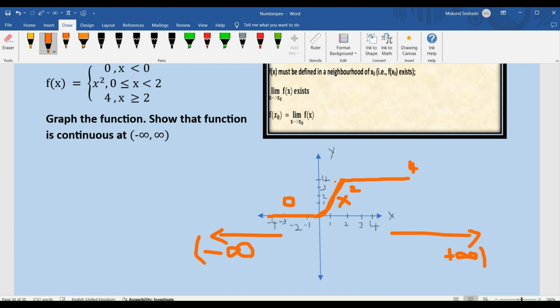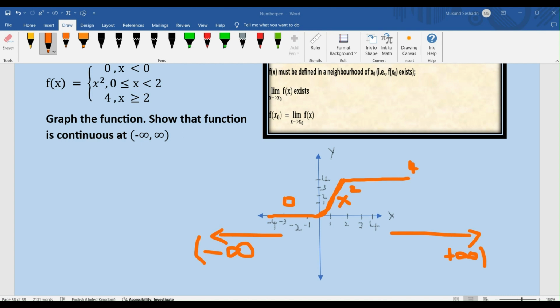And then finally, I come to the final interval, which is 2 to infinity. We saw that the graph undergoes a transformation as we pass through 2. And approaching 2 from the left hand side, we saw that it takes a value x square, which is 2 minus, and I know what that limit is, right? So my limit extending to 2 but less than 2, which is 2 minus, is nothing but 2 square, which is 4, and then my right hand limit, which is again a constant 4.